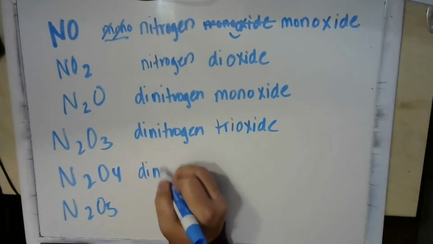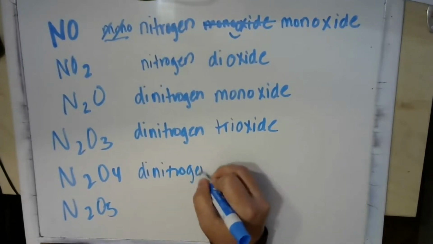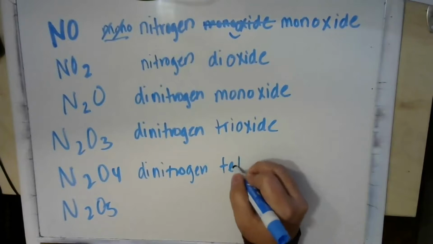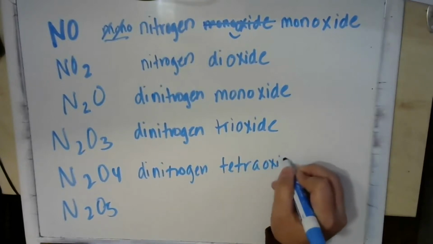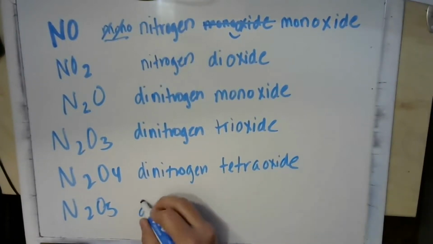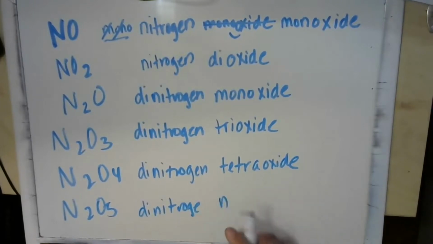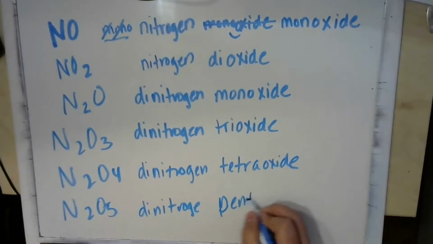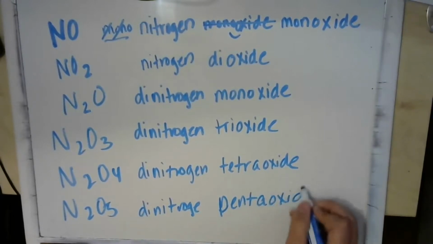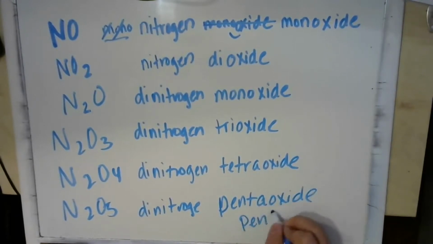Dinitrogen tetroxide. Dinitrogen pentoxide, or sometimes pentaoxide, depending on how you read it.